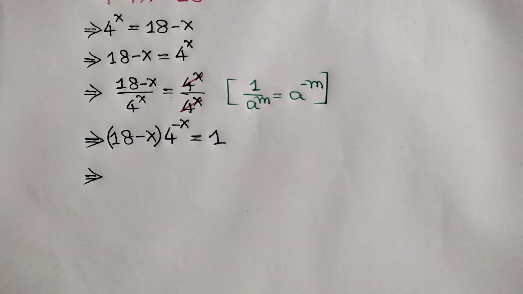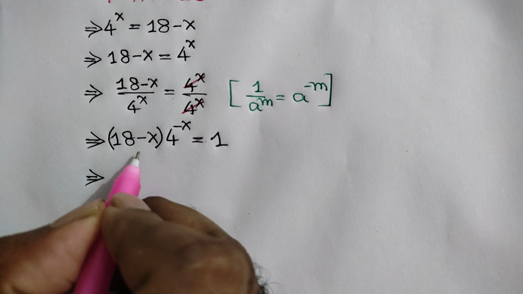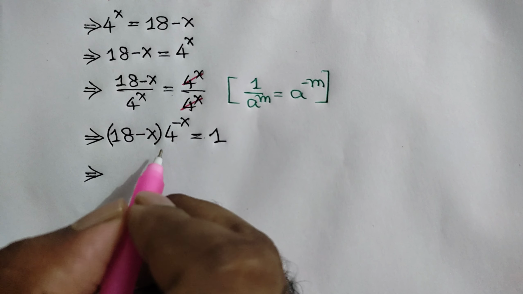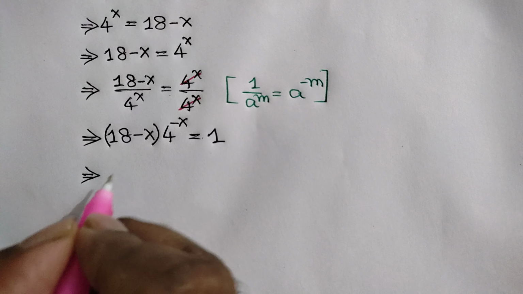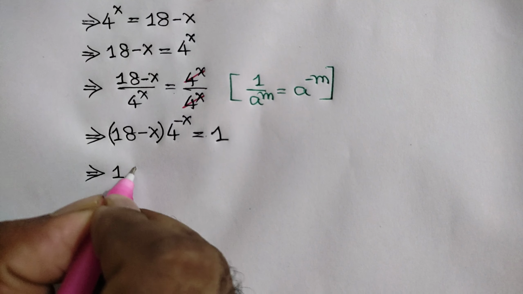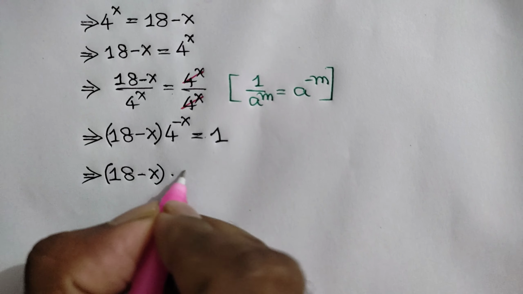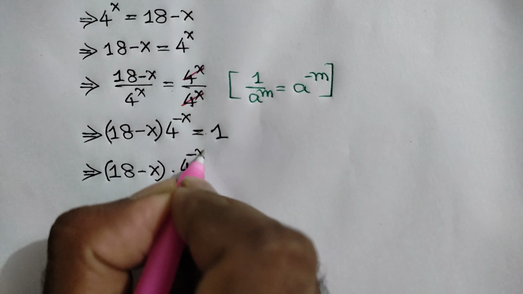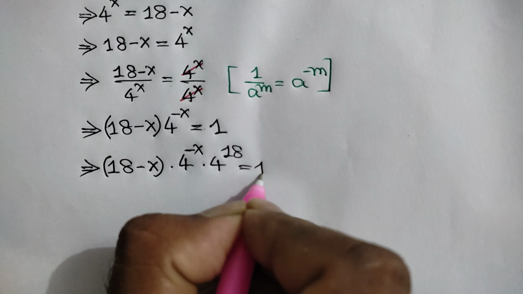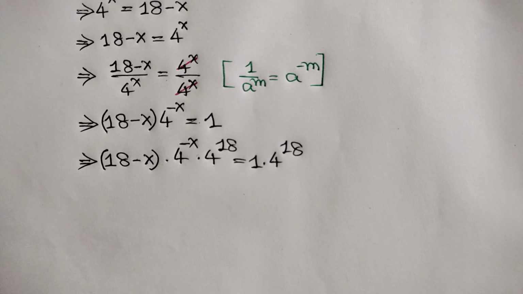The coefficient is 18 minus x and the exponent is negative x, so multiplying both sides by 4 to the power 18, we can write 18 minus x times 4 to the power negative x times 4 to the power 18 is equal to 1 times 4 to the power 18.